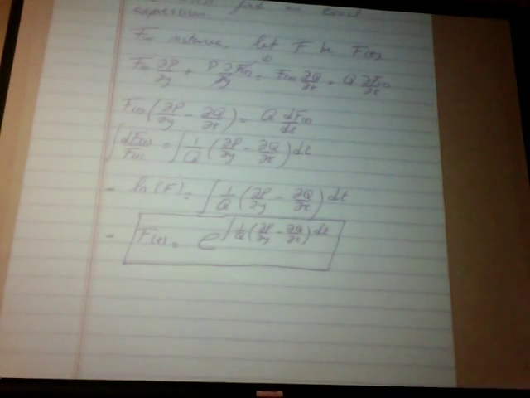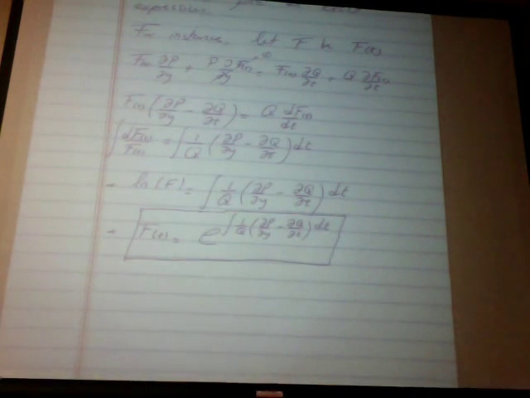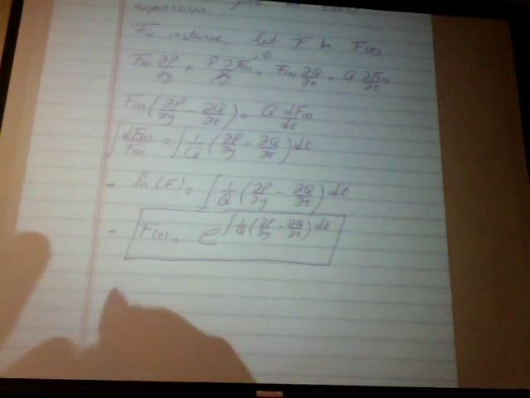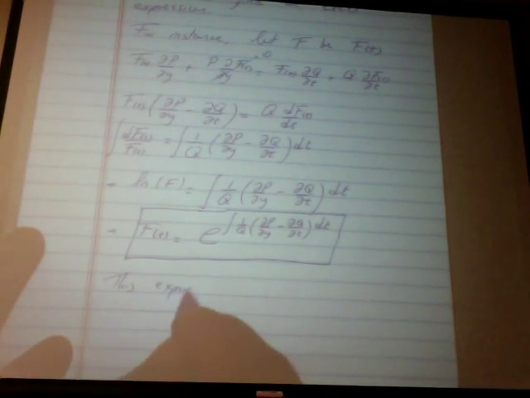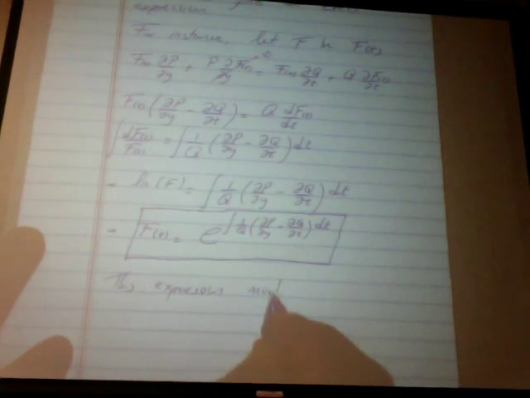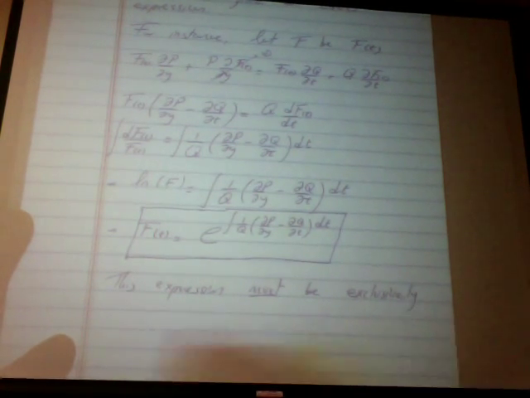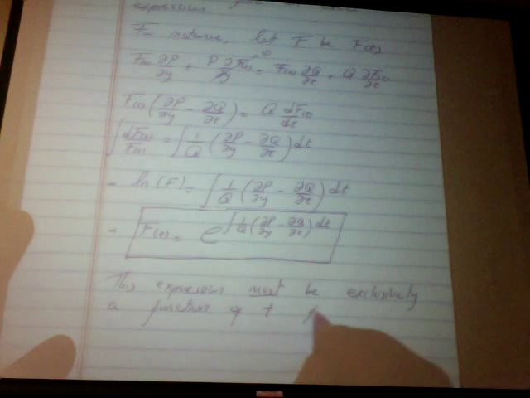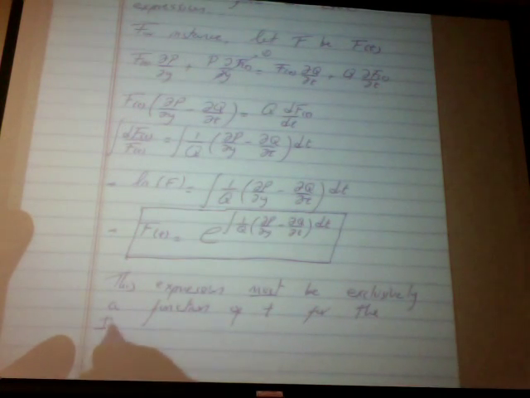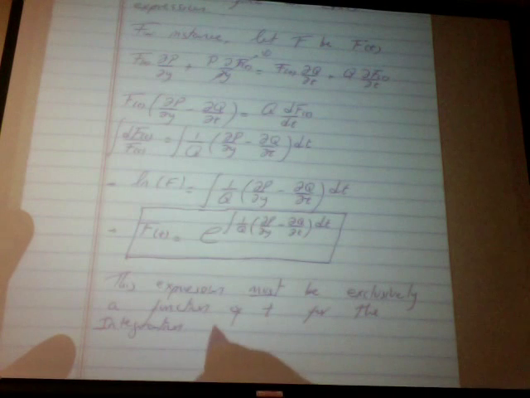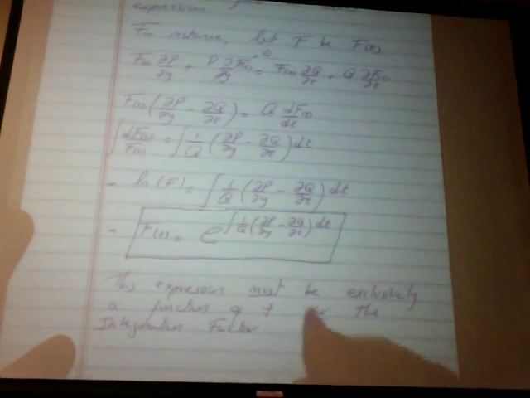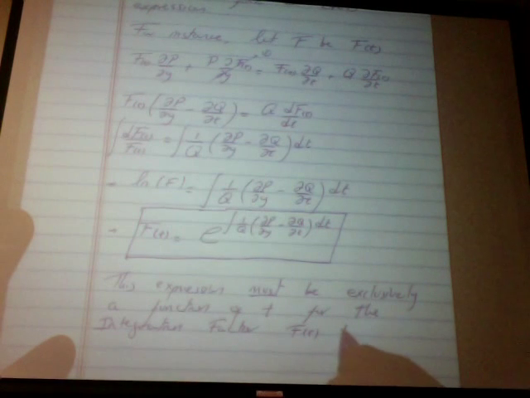The original trick of making f just a function of t didn't work because the expression that we found at the end is not just a function of t. So this expression must be exclusively a function of t for the integrating factor f of t to be valid.